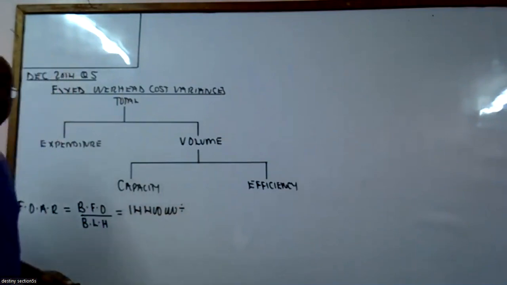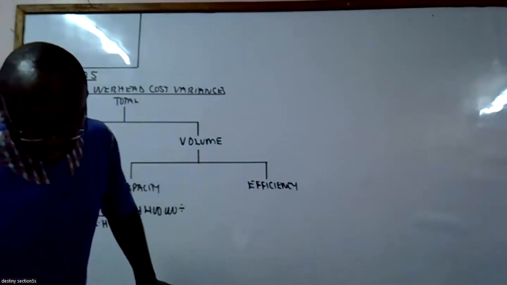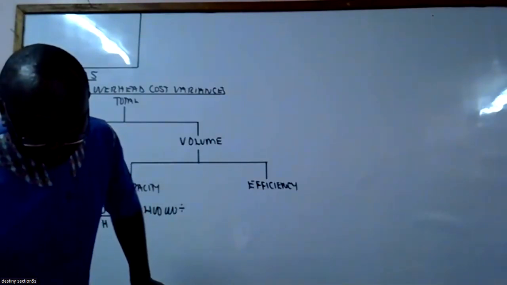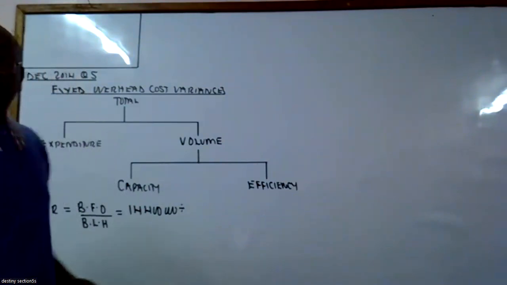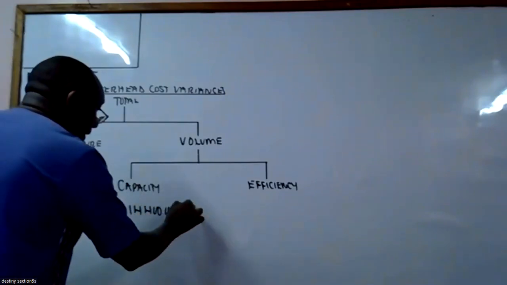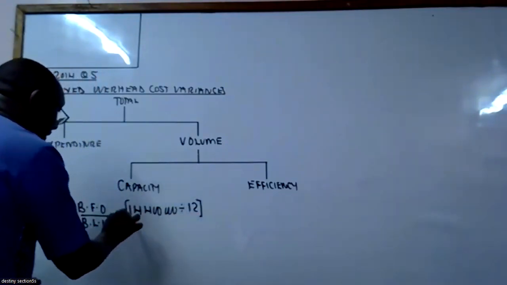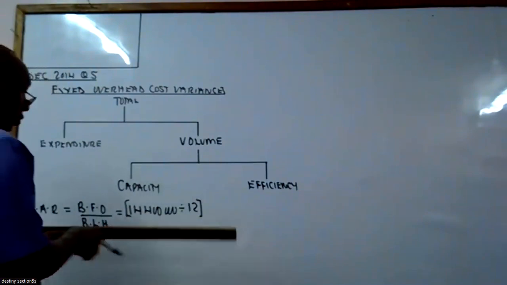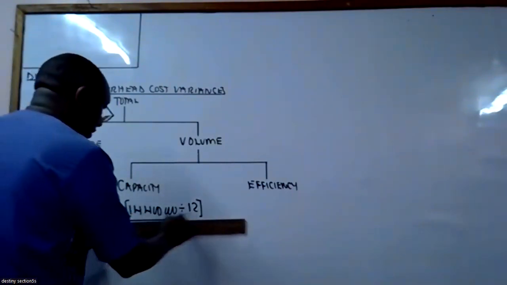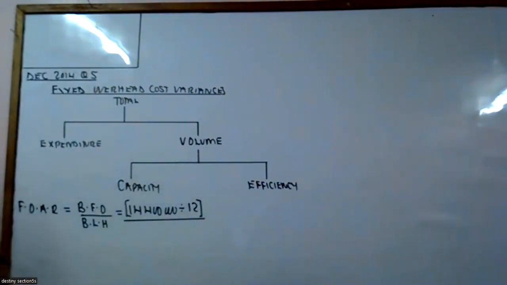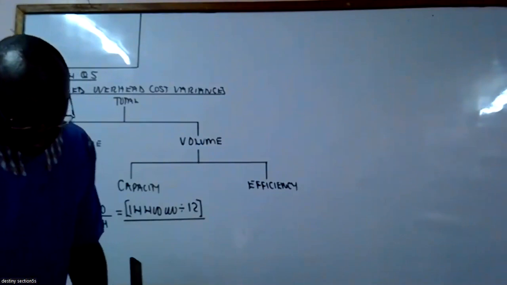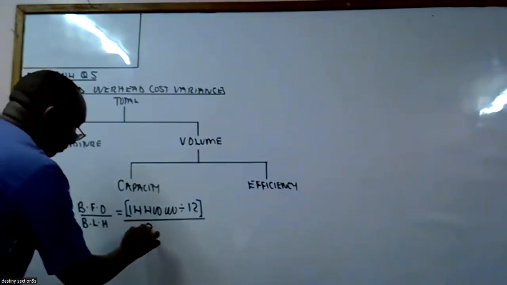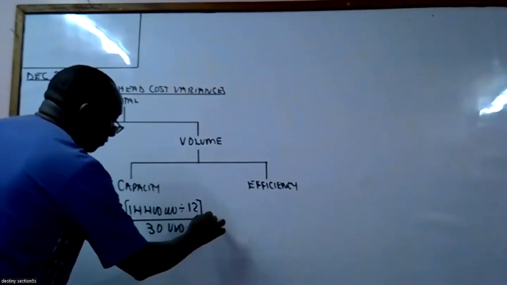First of all, you divide by 12 because you can see that this budget is monthly, for the month of September. So you divide by 12 there. For 1 month, it is how much? Then budget labor hours, as you can see in the budget up there, we have 30,000.